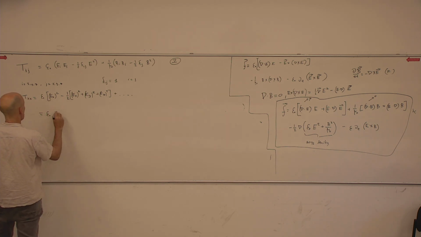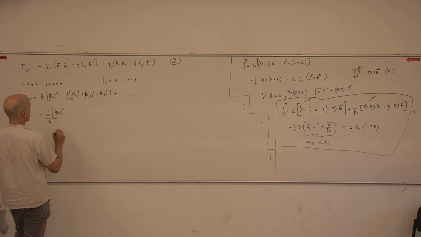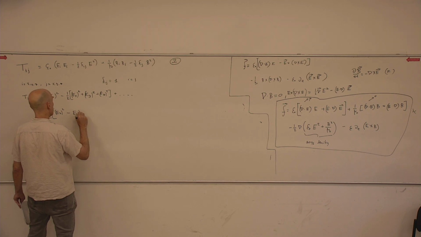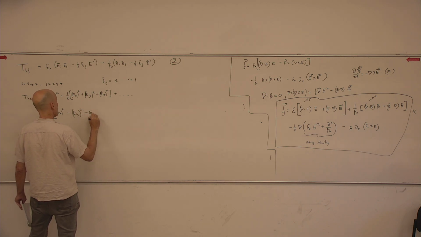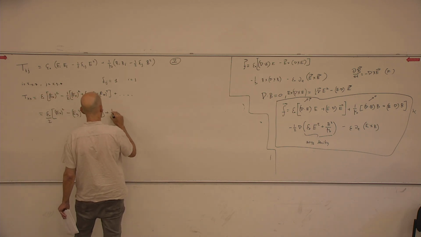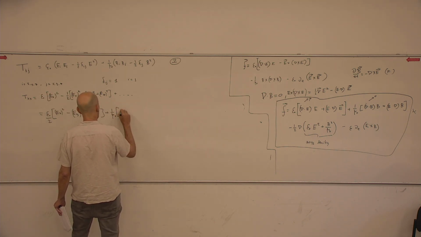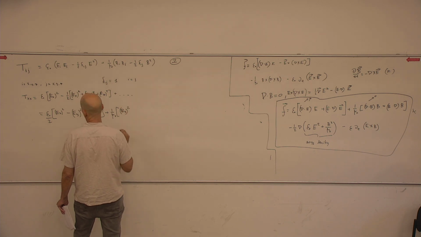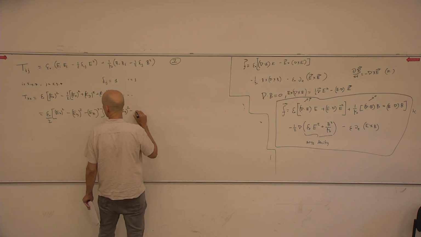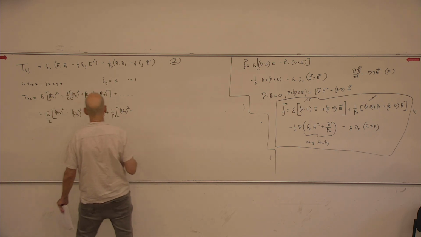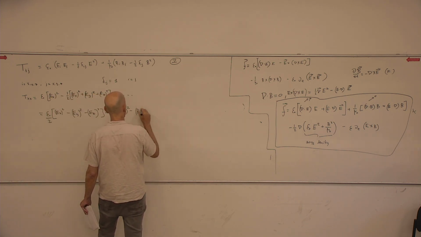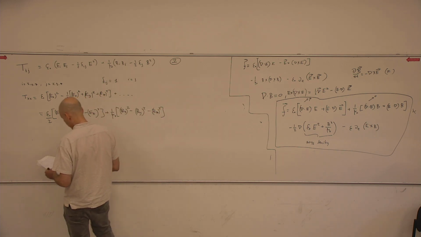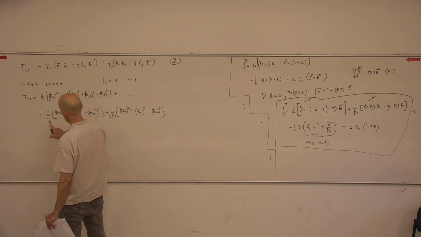So this is epsilon 0, Ex squared, the half can come outside, minus Ey squared, minus Ez squared, plus 1 over mu 0, Bx squared, minus, because I chose the indexes as x, By squared, minus Bz squared. You need the half, the 2 here, and then like the 2 here.